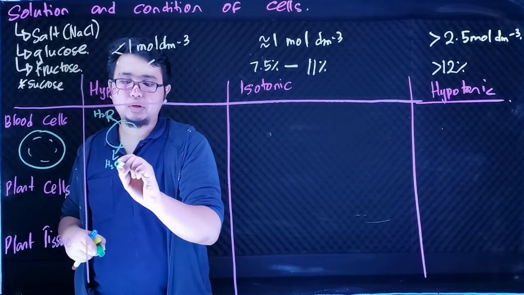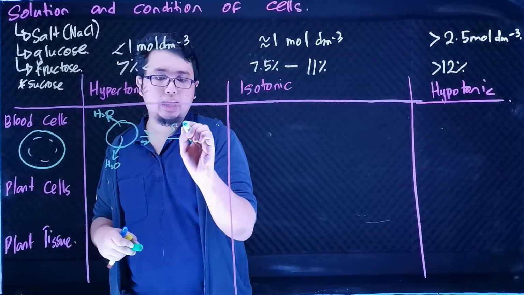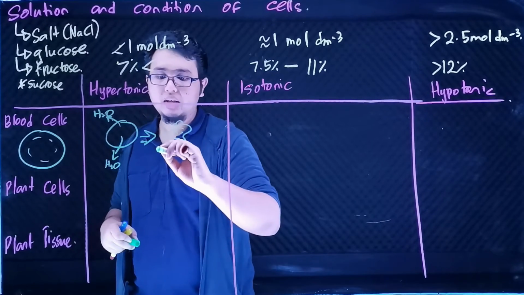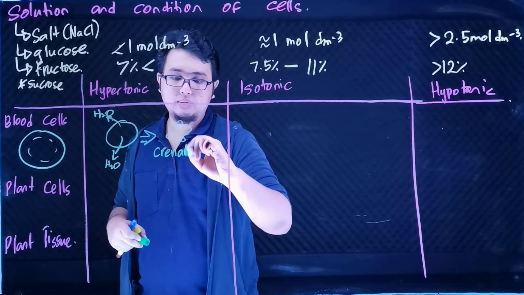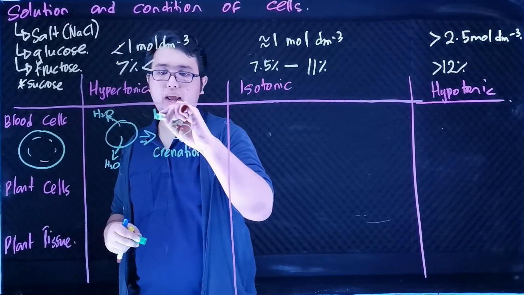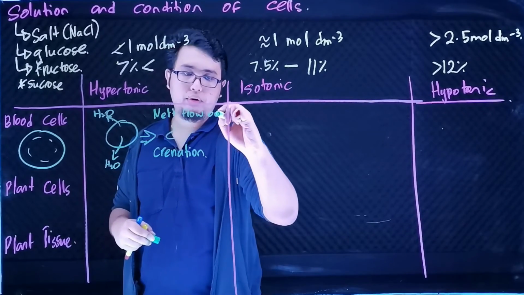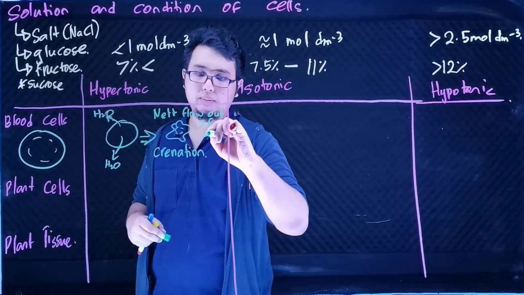So what happens to your cell? Your cell will start to shrink and undergo the process known as crenation. So here water flows out of cells, so net flow is out of the cell.